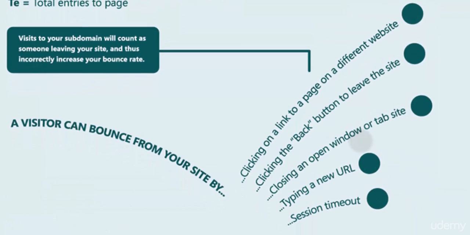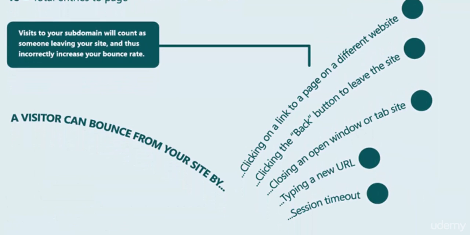So, what are all the visits which are counted as bounced? Let's assume that a visitor is visiting your website from a Google search result. If he clicks on a link to a page on a different website, then he is considered as bounced back. Even if he clicks the back button to leave the site to Google search page again, then also he is considered as bounced back.